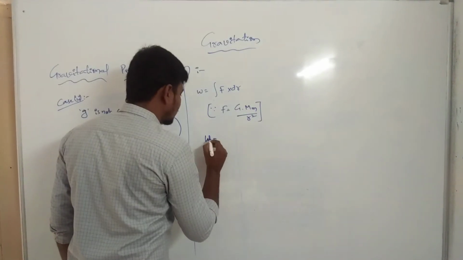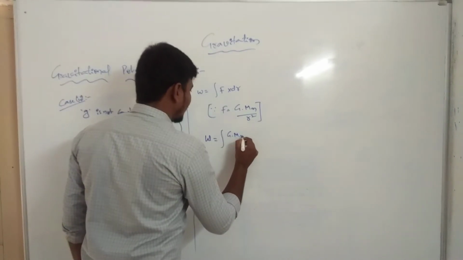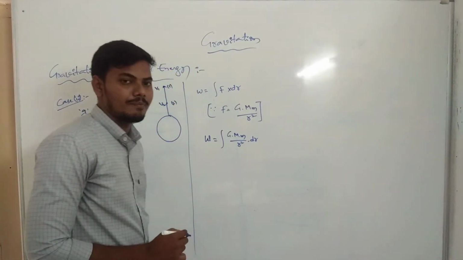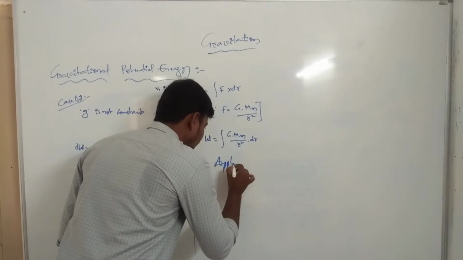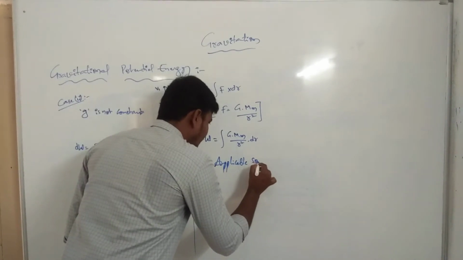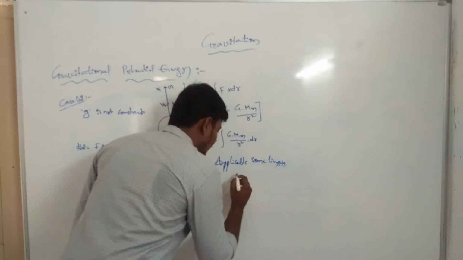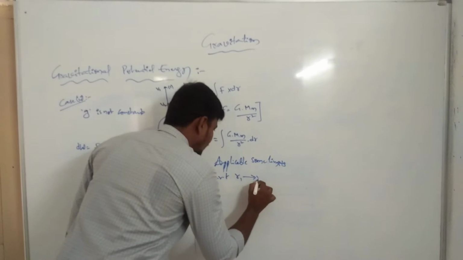Now W is equal to integration of capital G, capital M, small m by R square into dr. Applying some limits, R1 to R2.